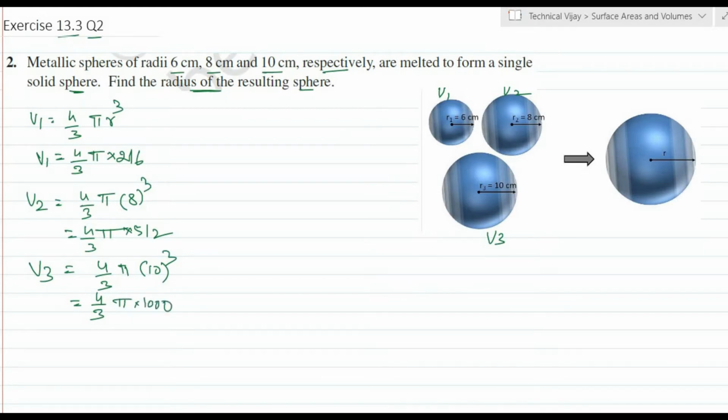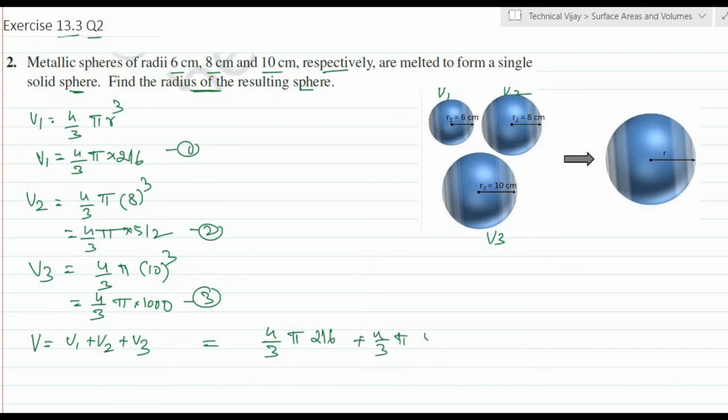So this is the first volume, this is the second volume, this is the third volume. The total volume is V1 plus V2 plus V3, equal to 4 by 3 pi into 216 plus 4 by 3 pi into 512 plus 4 by 3 pi into 1000.